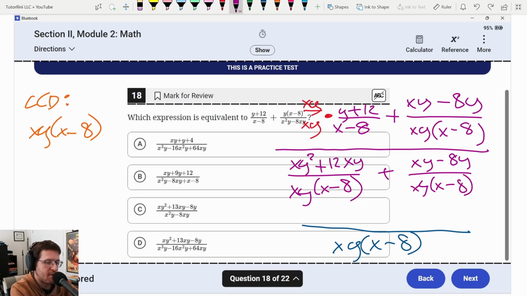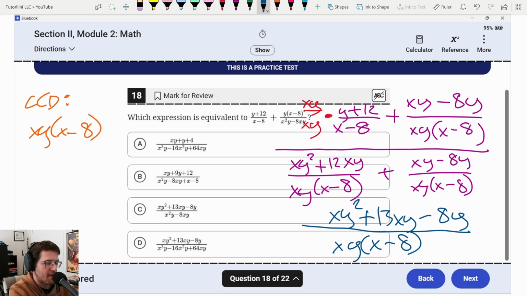And I want to just combine the like terms. So xy squared, 12xy plus 1xy, that's 13xy. And then negative 8y. Okay. I don't even need to expand that denominator. Well, maybe I do.